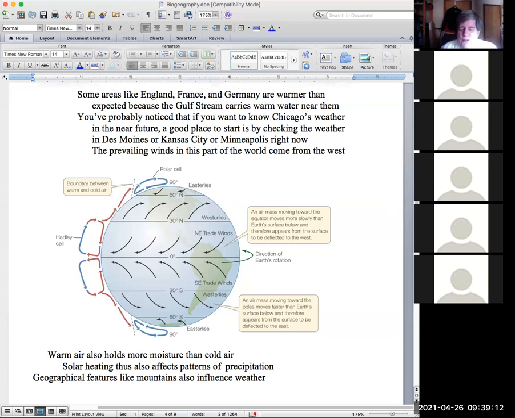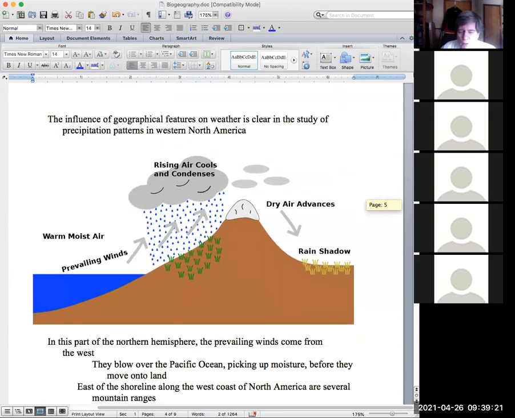Now, this is affected by local geography as well as just how close an area is to an ocean. So let's look at what we see in the Western United States. The blue over here represents our Pacific Ocean. And if we look at really all the way from South America up to Alaska, there are mountain ranges not very far inland.